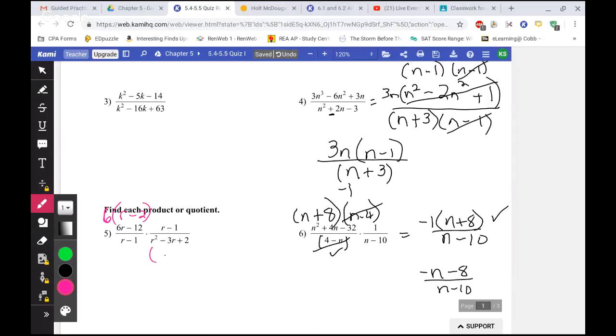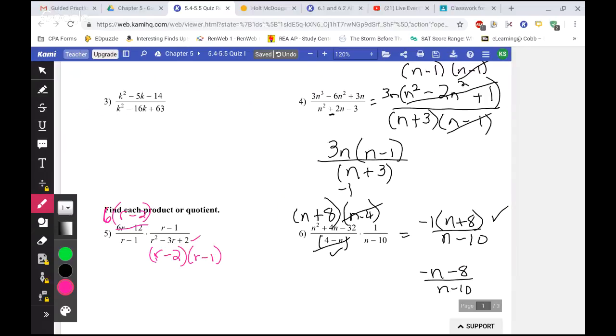And then down here, this factors as r minus 2, r minus 1, because -2 and -1 are the two factors that multiply together to give me a +2 that when I combine them give me a -3.